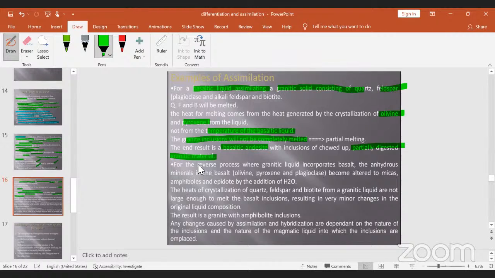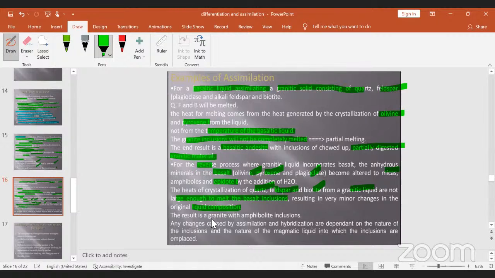For the reverse process, where granite liquid incorporates basalt, the anhydrous minerals in the basalt, olivine, pyroxene, and plagioclase, become altered to micas, amphiboles, and epidote by the addition of H2O. The heat of crystallization of quartz, feldspar, and biotite from granitic liquids is not large enough to melt the basaltic intrusion, resulting in very minor changes in the original liquid composition.